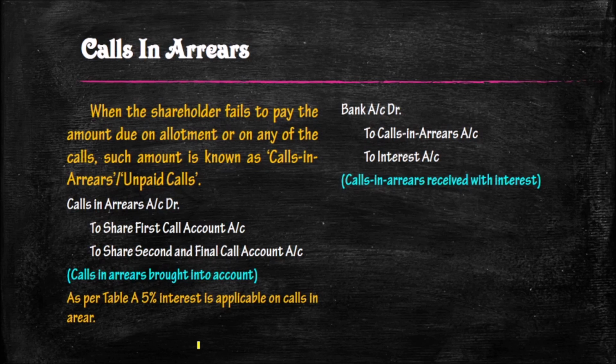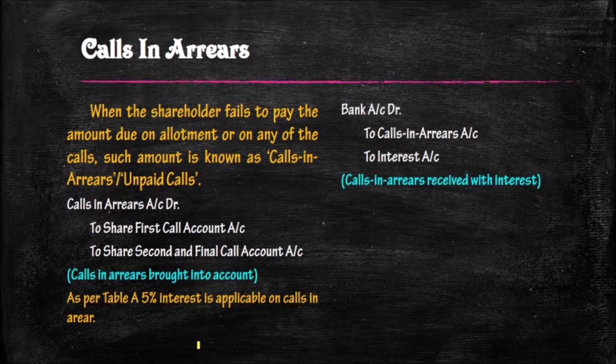Already through the letter of allotment, the company will inform the shareholder to make the payment of first call or second call. So if the shareholder fails to pay the amount, maybe at the time of allotment or at the time of first call or at the time of second call, that is known as calls in arrear. Very important.